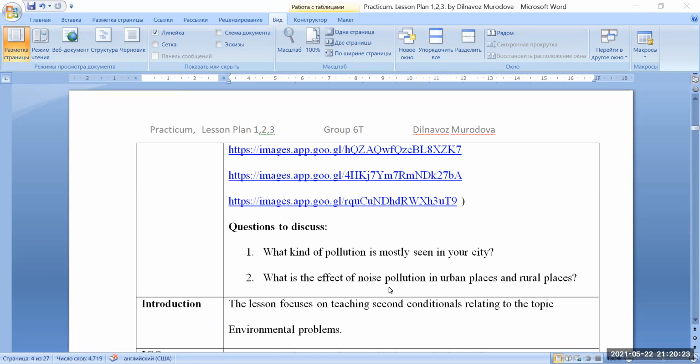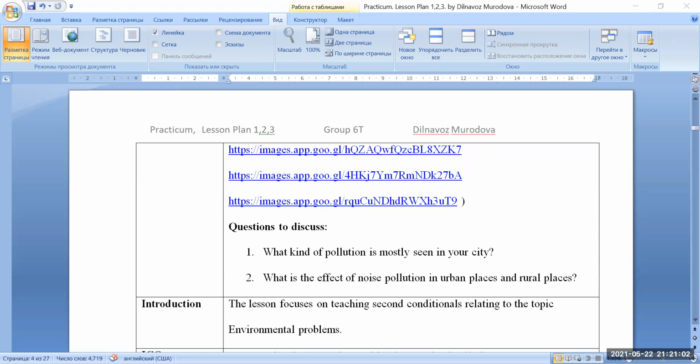And what is the effect of noise pollution in urban places and rural places? What's your opinion on this matter? Yes, can I answer? Noise pollution is greater in urban places than rural ones, because there are more cars, more factories, more people, because cities have a very dynamic life.